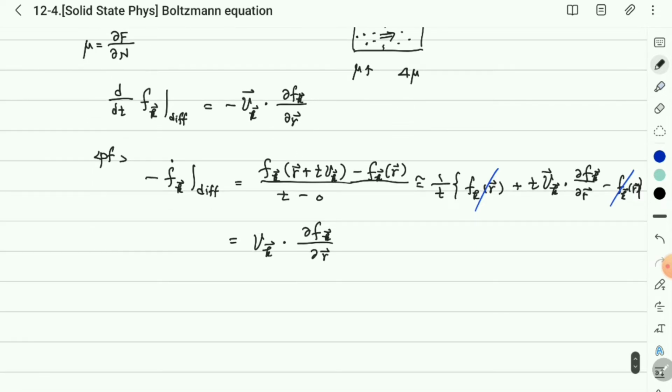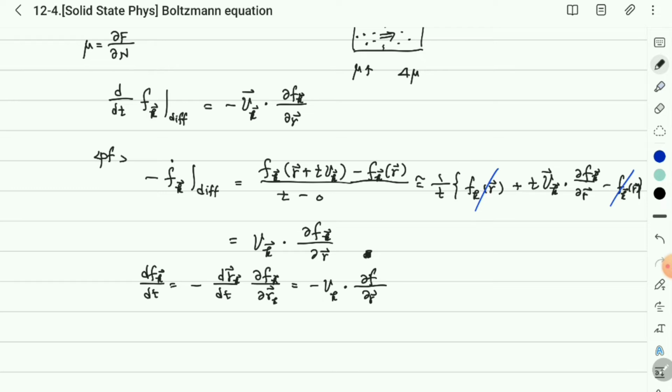Then we can understand that the time derivative df_k over dt can be written as dr over dt, dotted with partial f_k over partial r, which is minus v dot partial f over partial r.